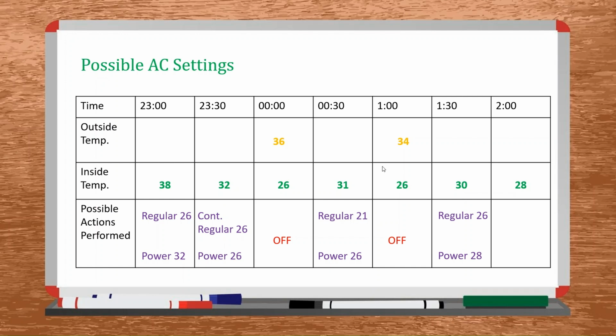Now we know that the temperature outside has been falling at a constant rate: at 12 a.m. it was 36, at 1 a.m. it was 34. That means every 1 hour the temperature falls by 2 degrees, and every half an hour it falls by 1 degree. So using this ratio we can calculate all the possible outside temperature values.